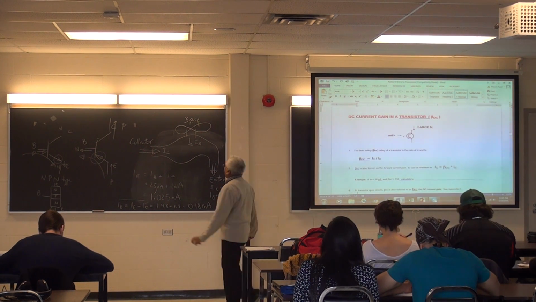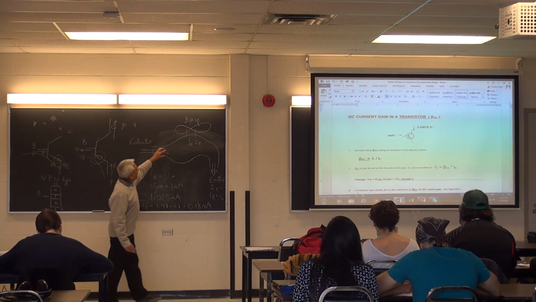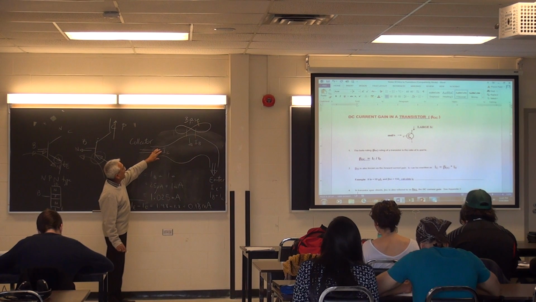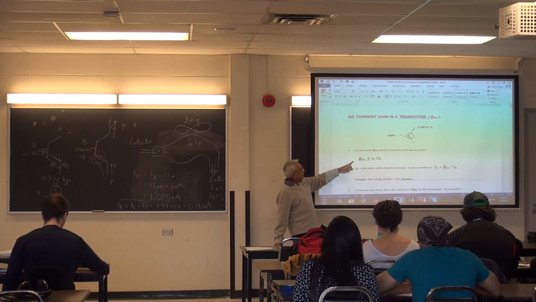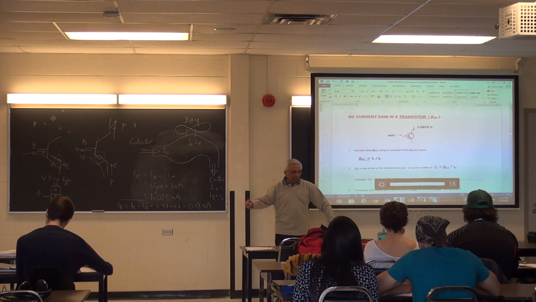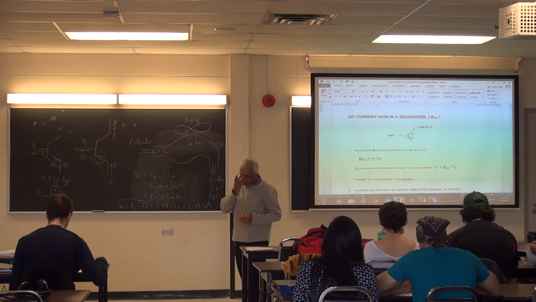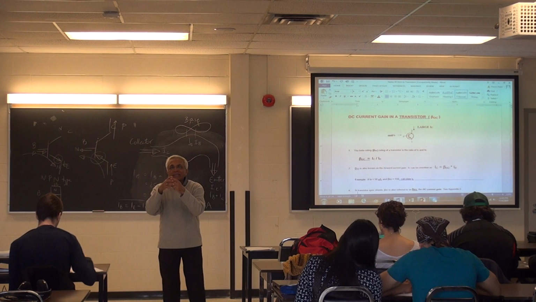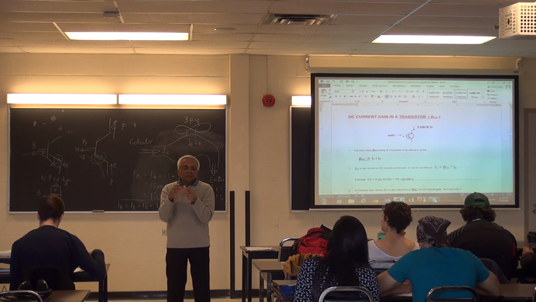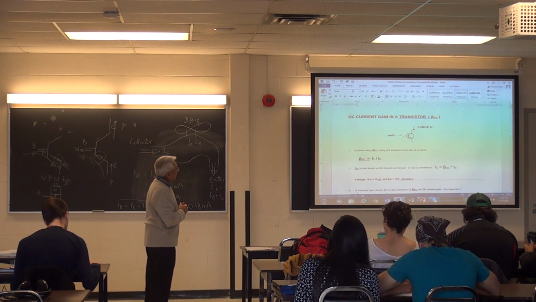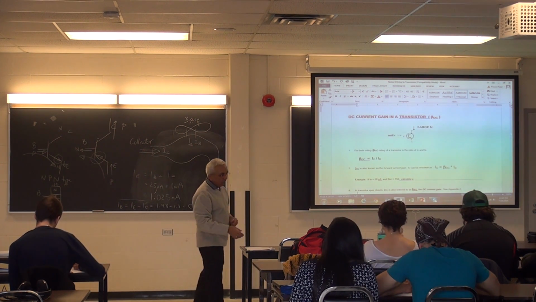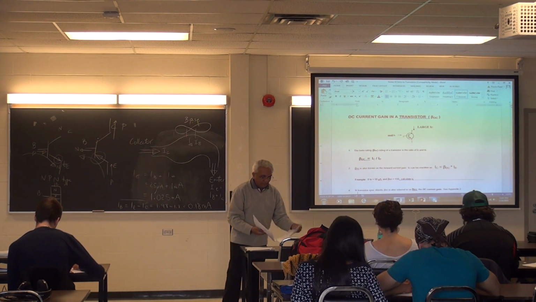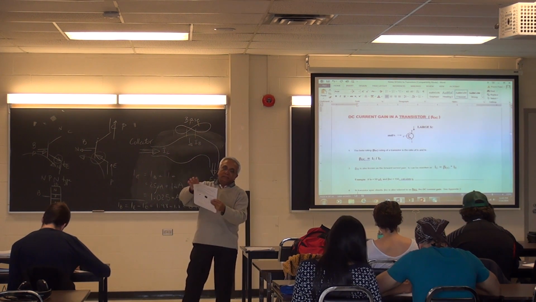We said a little bit of base current will produce a large collector current. How large? It's given by the value of beta. The way to explain this is, let me take you to the appendix.